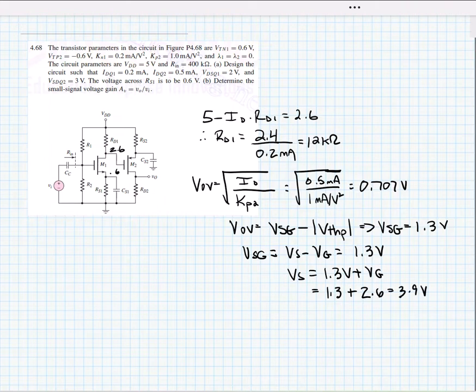All right, with this, we can find a value for RS2. So it's simply the voltage drop across RS2 divided by the current going through it. This should be equal to 2.2 kiloohms.